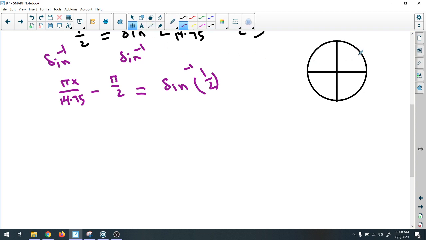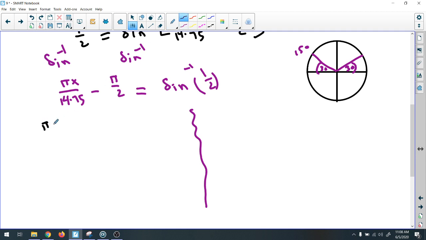So it will be 30, or in the second quarter, 180 minus 30, which is 150 degrees. So we have two solutions here.